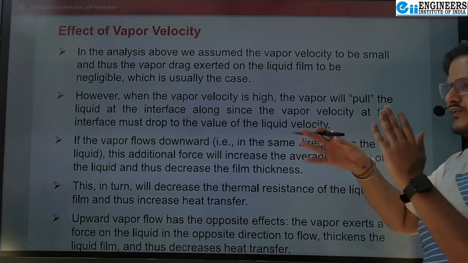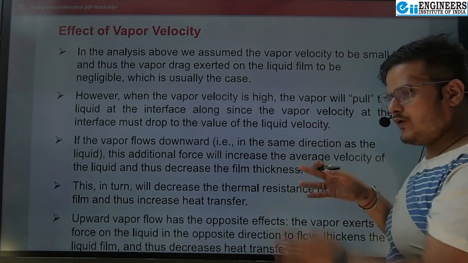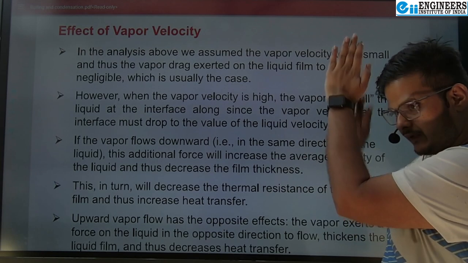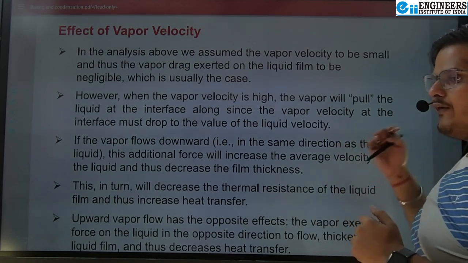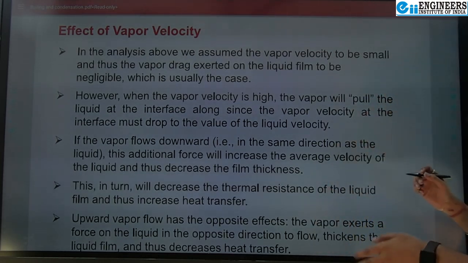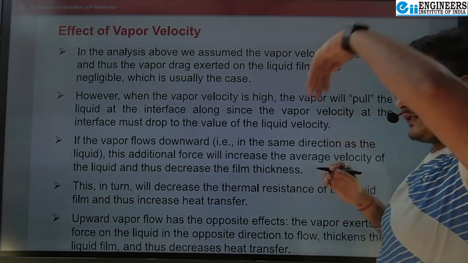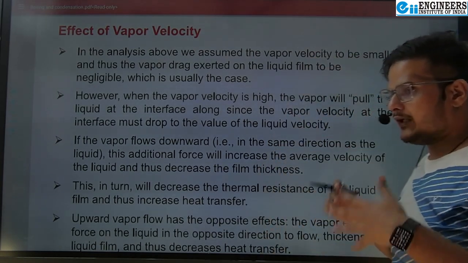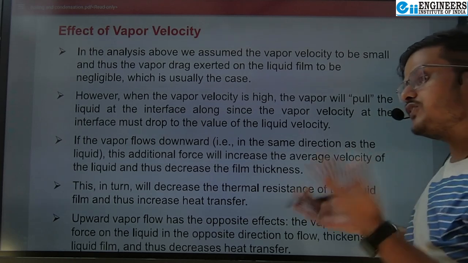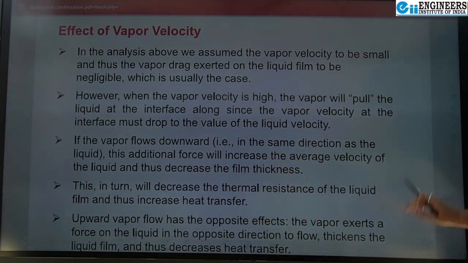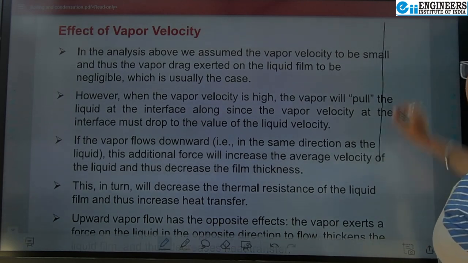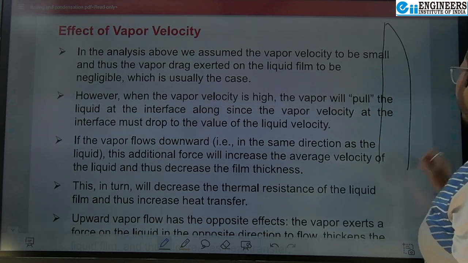If the vapor velocity is there, then at the liquid-vapor interface the vapor will try to pull the liquid, isn't it? So if the vapor flows in the downward direction, that is the same as the direction of the fluid, then it will increase the average velocity of the liquid, so the delta will reduce. See how? Suppose this is a plate and this is the film that is forming.